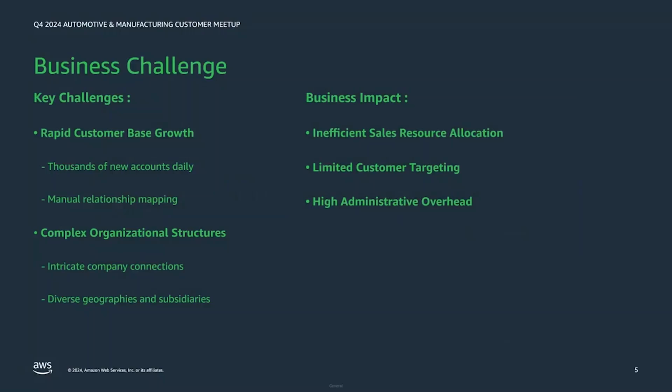So at Schneider, there are thousands and thousands of customers that get added daily to the system. Right now, there is a big Salesforce database that hosts this data, and when these thousands of accounts flow in daily, they do not have proper hierarchy mapped out.